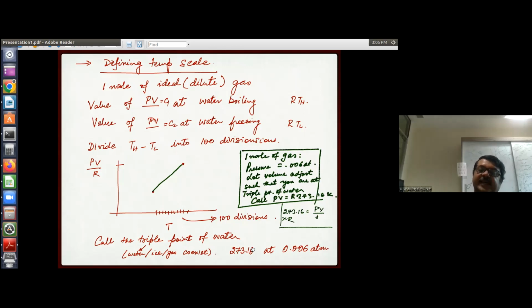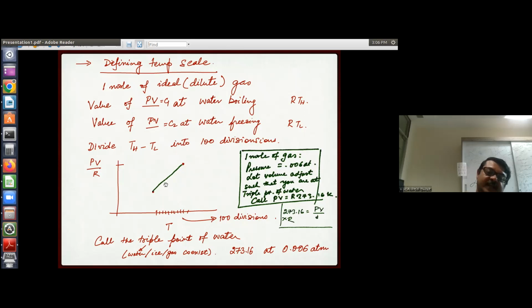Now, once you fix that, that's a unit, then you check how far away it is. Now you take it back to 1 atmosphere and check what the temperature is, and you will find this point to be 273 and this point to be 373, right?